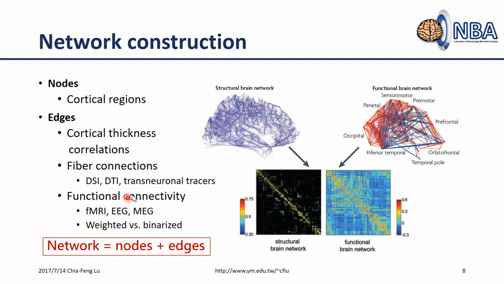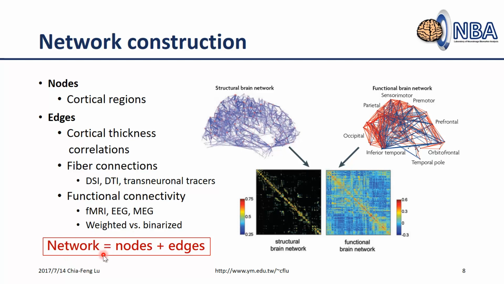So we can estimate this kind of functional connectivity between different brain regions. You cannot really see this, but you can estimate the dependency between the signals extracted from two different brain regions. So we say this is a functional edge, or sometimes functional connectivity.